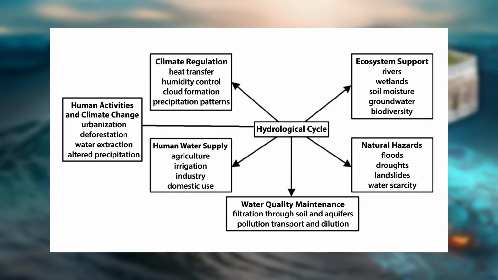The hydrological cycle guarantees the replenishment, distribution and accessibility of fresh water for both natural systems and human societies. Let us look at the multiple roles played by the hydrological cycle in climate regulation, ecosystems and human activities.